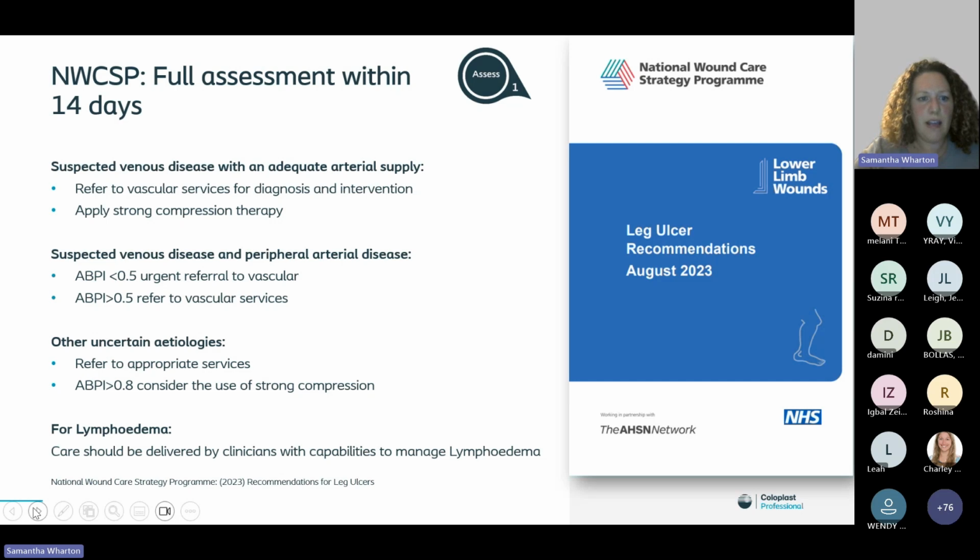If the ABPI is more than 0.5, refer to vascular services. Other uncertain etiologies, refer to those appropriate services. ABPI more than 0.8, consider the use of strong compression. So that is where you would start putting your patient into that strong compression. And then hopefully you'll have lymphedema services, again, where you can refer in.